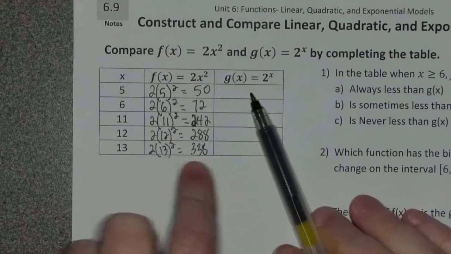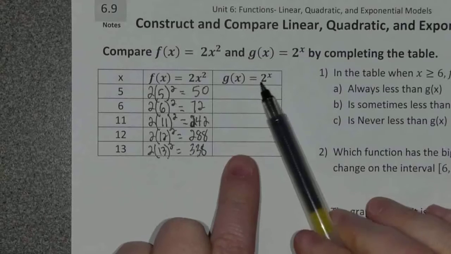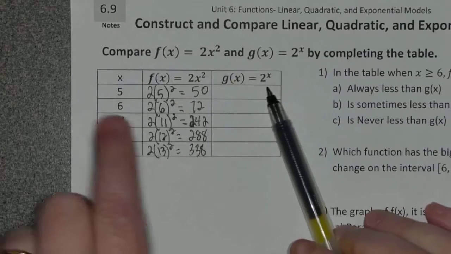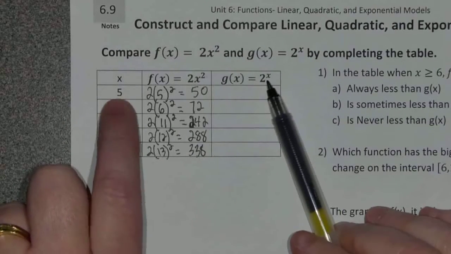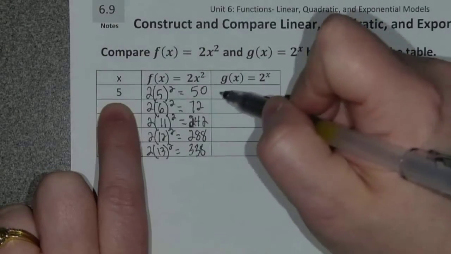We're going to do the same thing now for the g of x function. This time g of x is an exponential function, but I still substitute the x value in place of the x.